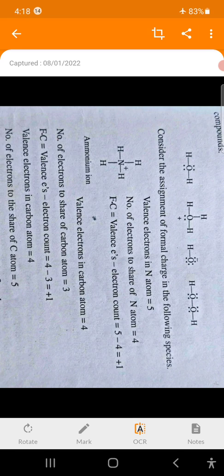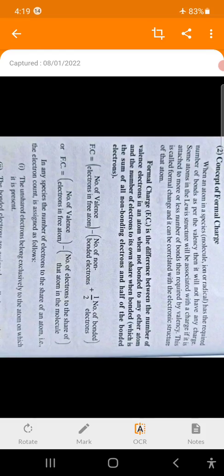Shared electrons are 4 in the case of nitrogen, and valence electrons of nitrogen are 5, minus 4, that is plus 1, is the formal charge of nitrogen. This is the equation. By using this equation we can calculate the formal charge of any atom in a molecule.